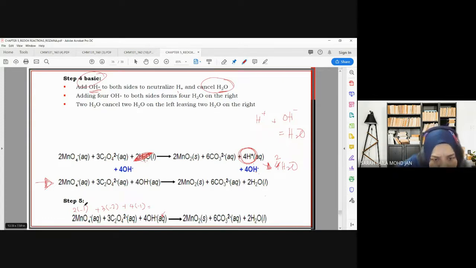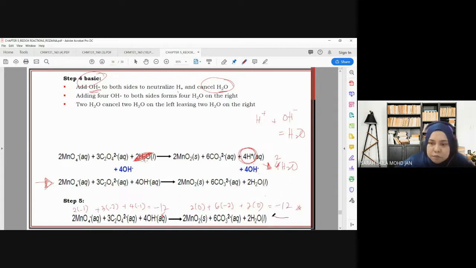So kira -2 tambah -6. So -2 tolak 6, -8. Tekan kalkulator lah cepat. 8 tolak 4. So dapat -12. Yang sebelah sini pula 2 darab 0 tambah 6 darab -2 tambah 2 darab 0. Kenapa kosong? Tak ada charge. So dapat -12 which is balance.